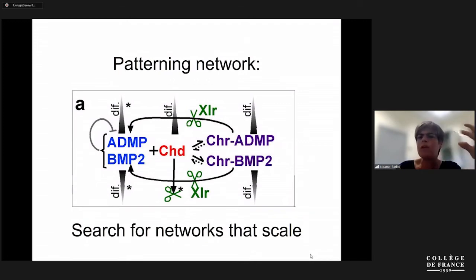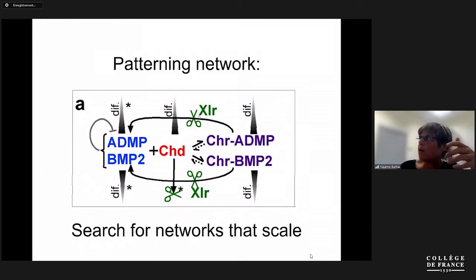There are always feedbacks of inhibitors that are secreted as well and activated by the morphogen. And there is always this network of feedbacks. The pattern of the morphogen we can think about as an emergent property of this molecular network that is basically a reaction diffusion system.